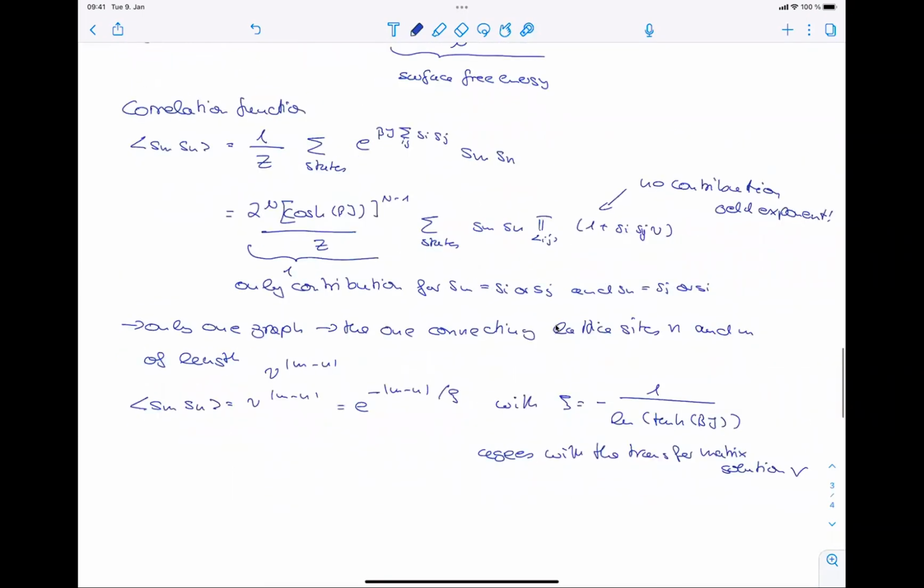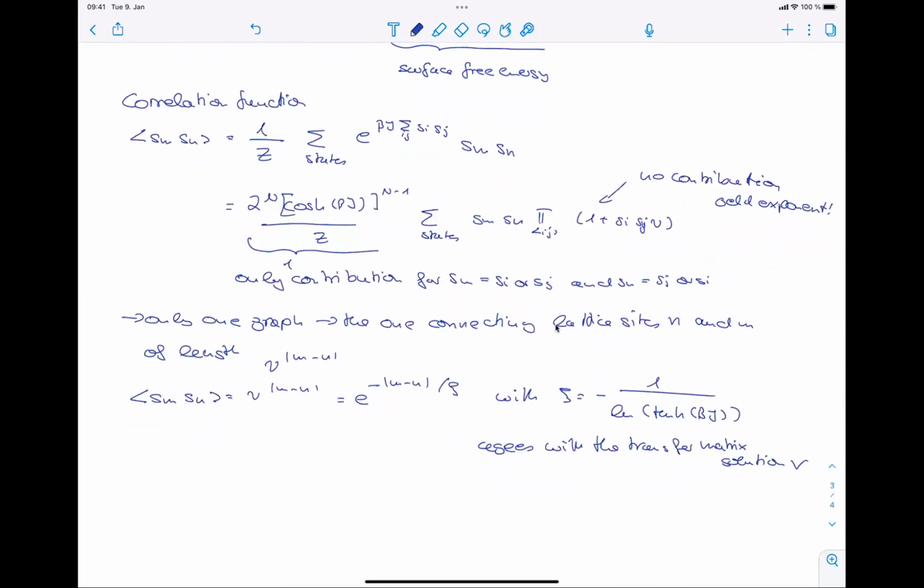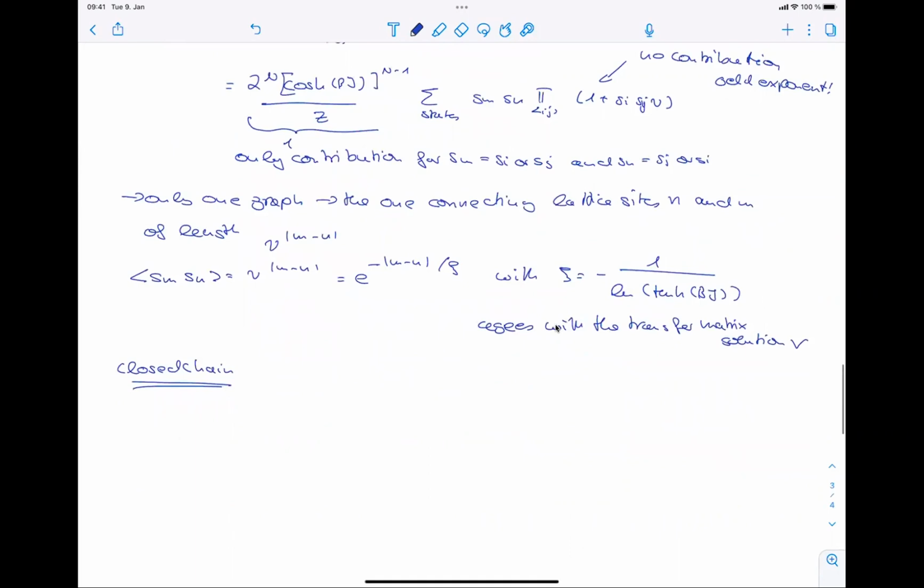And now, okay, so that's the first trivial case. The second trivial case is to look at the closed chain. So we have a loop where now I enumerate lattice sites as before, but the neighbor of lattice site N is then 1 again.